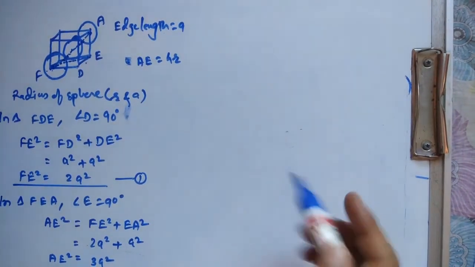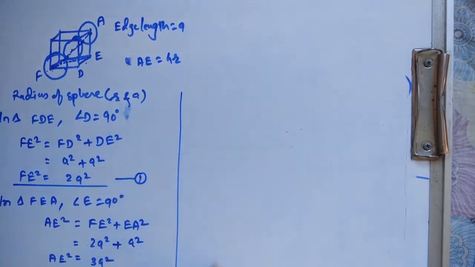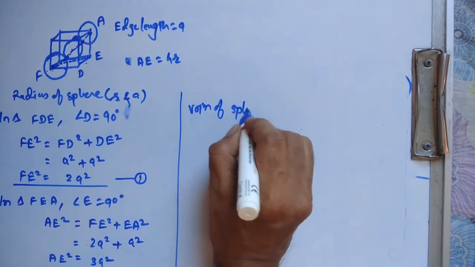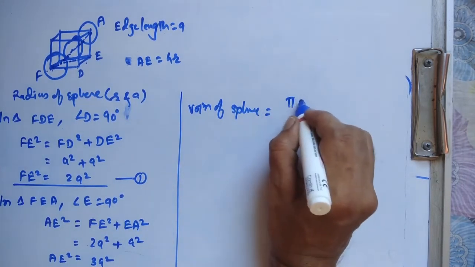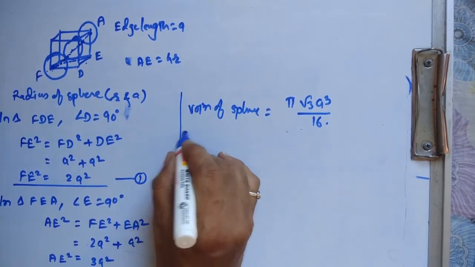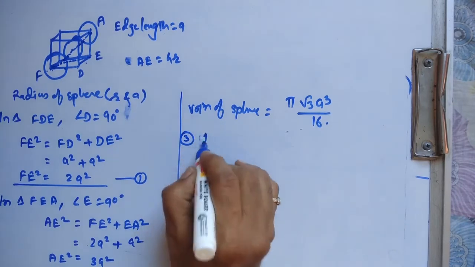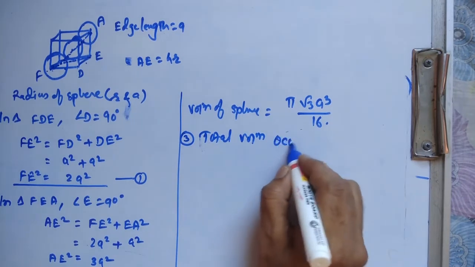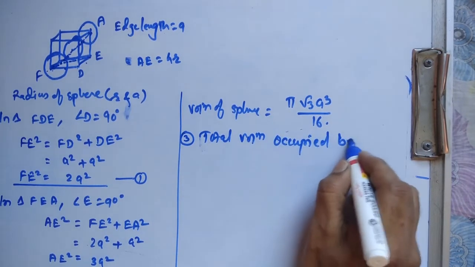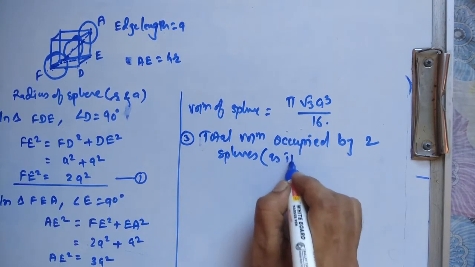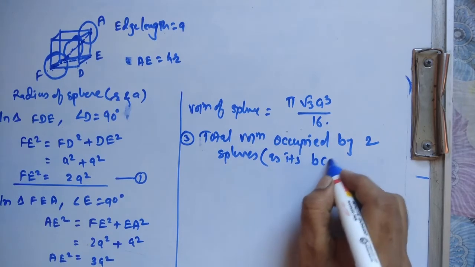I will write here: volume of sphere is equal to pi into root 3 into a cube divided by 16. Now third one, total volume occupied by two spheres, as it is BCC.